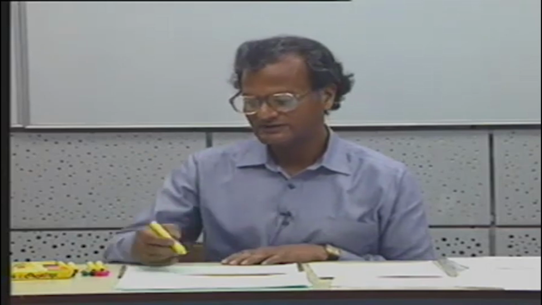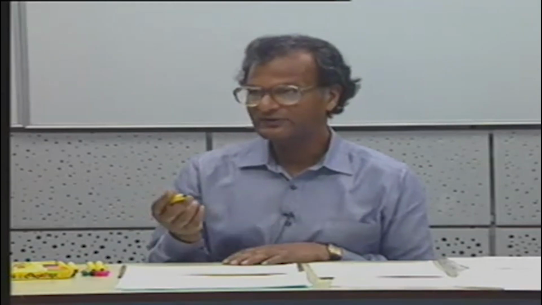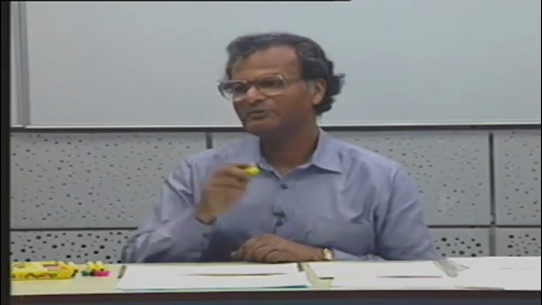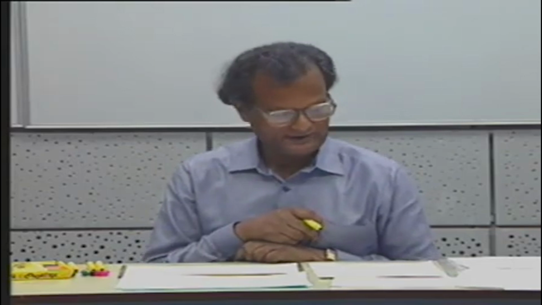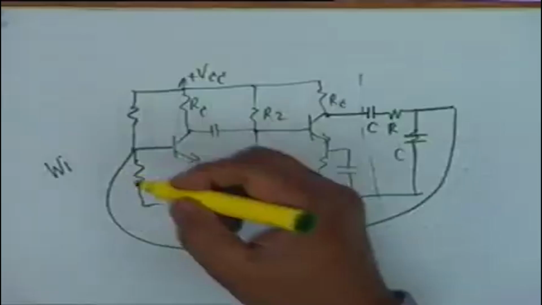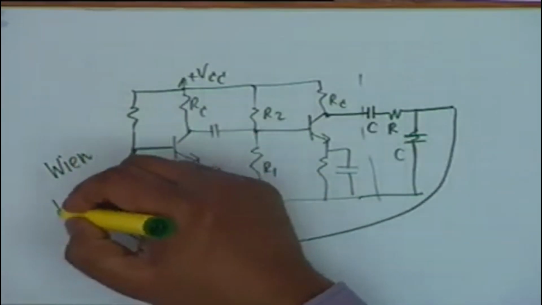Therefore the input impedance and the output impedance are not ideal. Therefore the frequency of oscillation shall not be 1 by RC. It would be modified to some other value. And this circuit for the oscillator is known as the Wien bridge circuit.